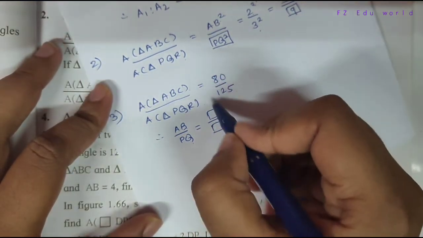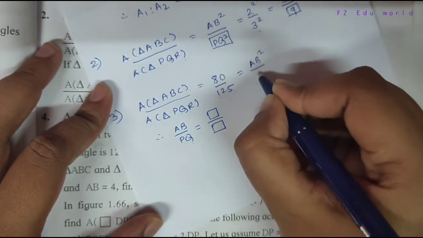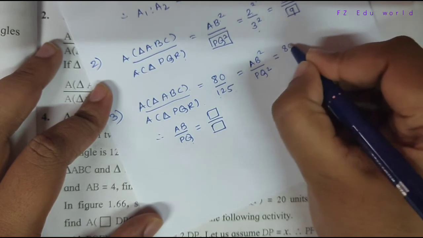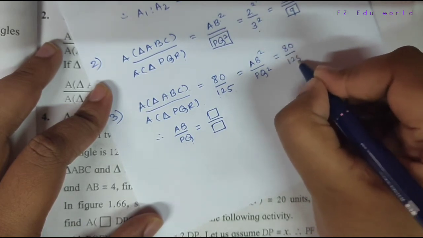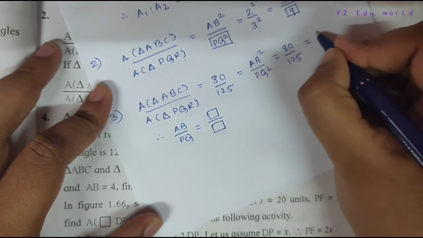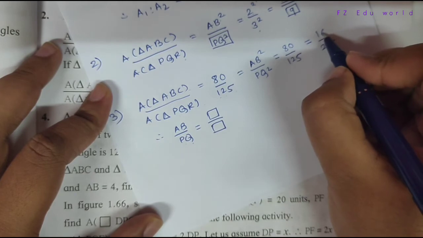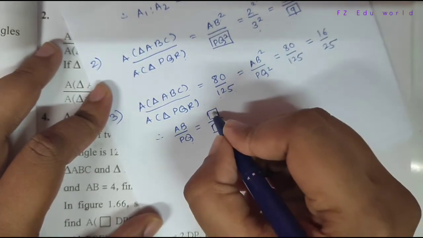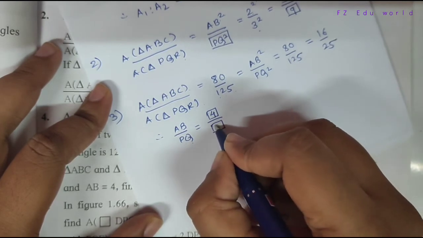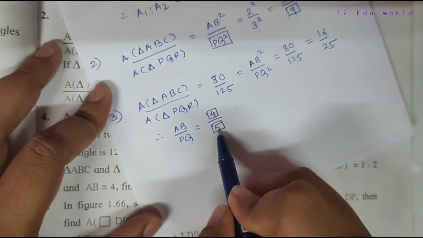So we will first solve this. This is equal to AB square upon PQ square, which is equal to 80 upon 125, equal to 16 upon 25. Now 16 is the square of 4 and 25 is the square of 5. So AB upon PQ is equal to 4 upon 5.